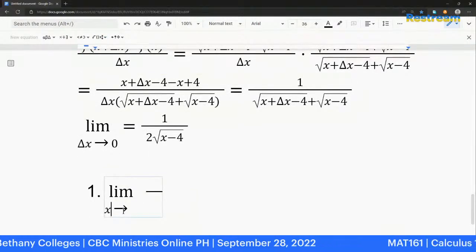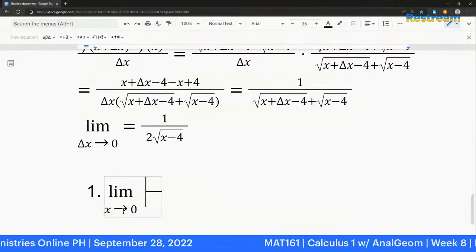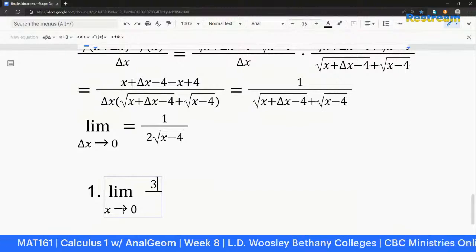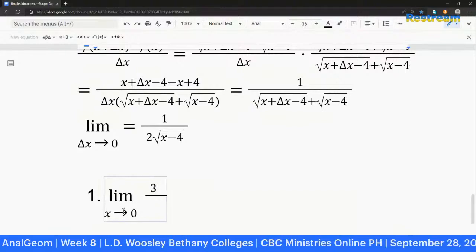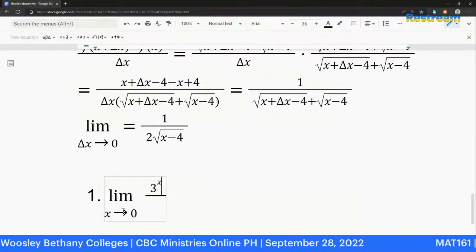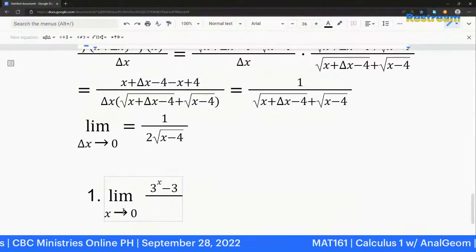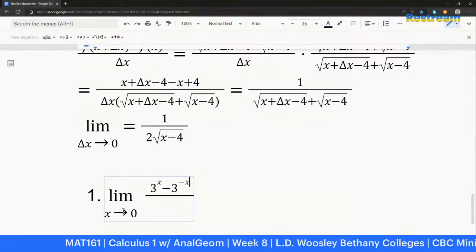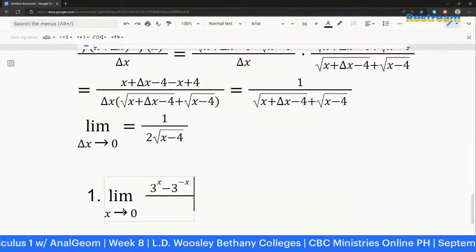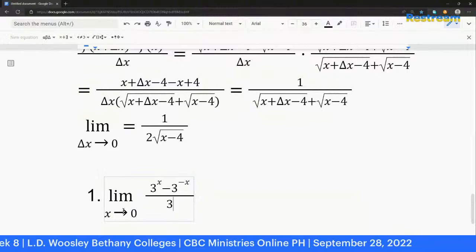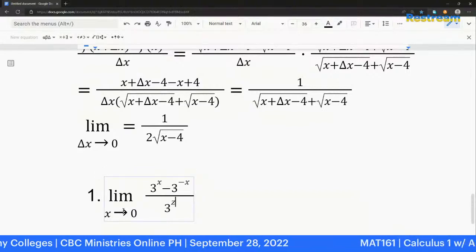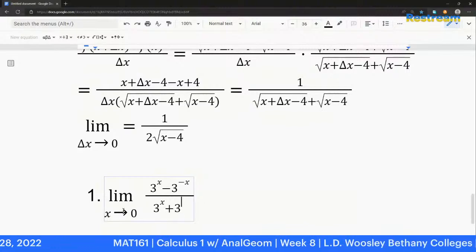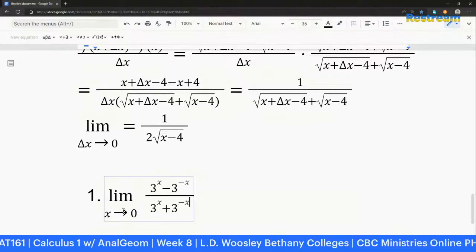Of course, this as x approaching 0. Alright, Ian, this is for you.